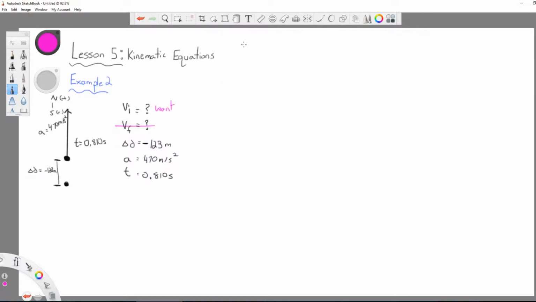The formula that I find is delta D equals VI T plus 1/2 A T squared. And we're trying to isolate for VI, so we have a little bit of rearrangement work ahead of us.